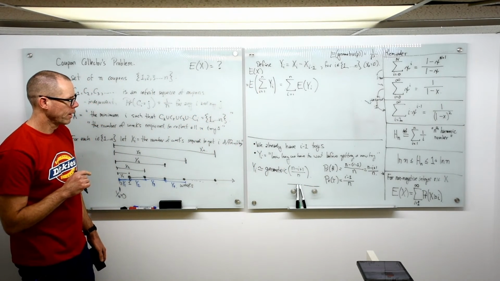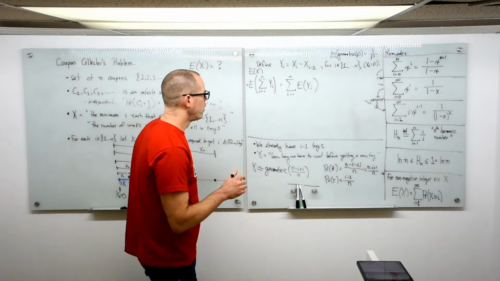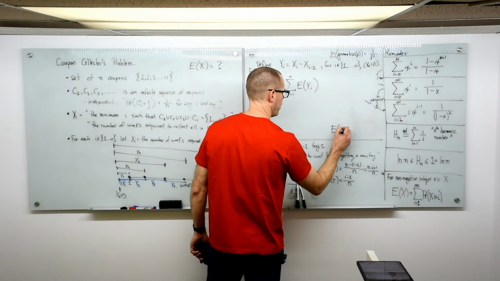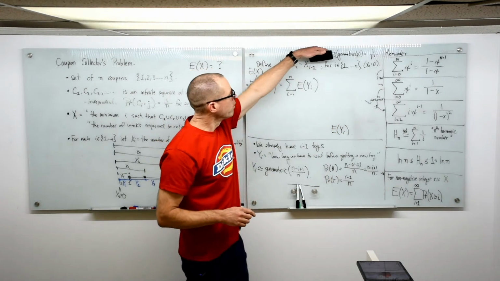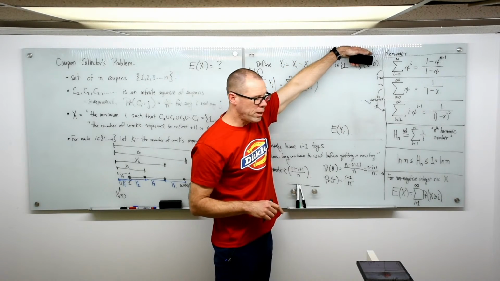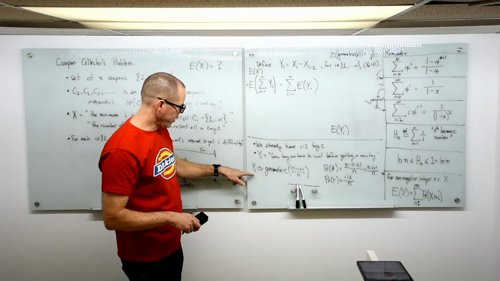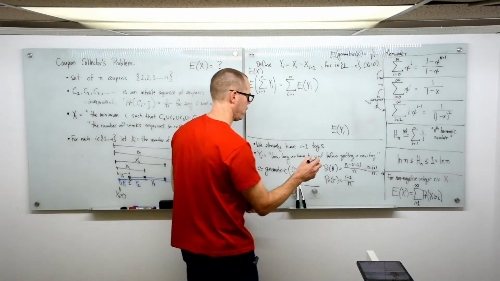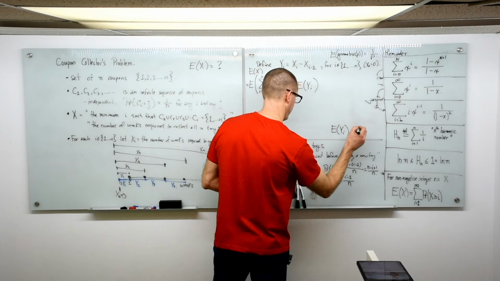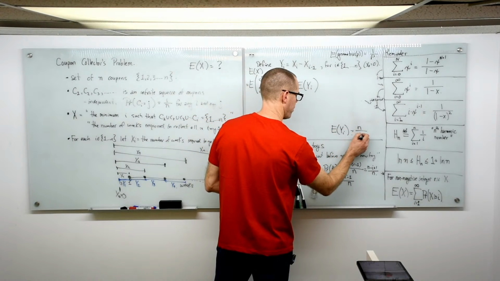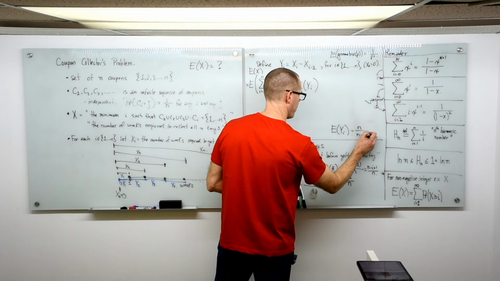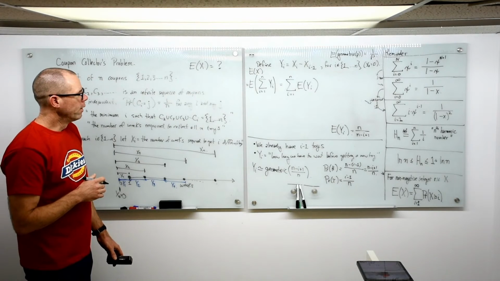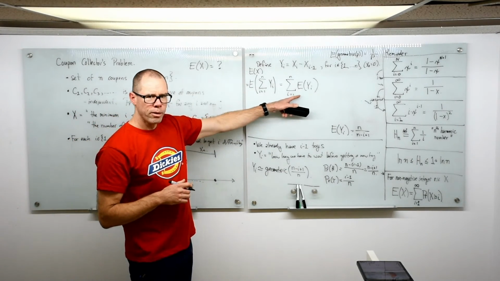Okay. And so the expected value of yi, the expected value of a geometric p random variable is 1 over p. So the expected value of yi is 1 over this. So we have to flip this thing. Good. So now we can continue here.